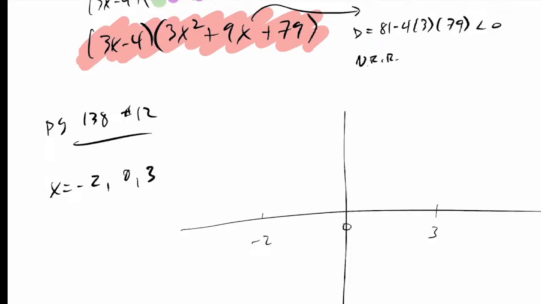So, a turning point is when you go from an increasing function to a decreasing function or vice versa. So maybe I want my function to go like this, but then I hit, it's increasing, and then at this value here we now have a decreasing function, at around -2. Then it could do something like that.